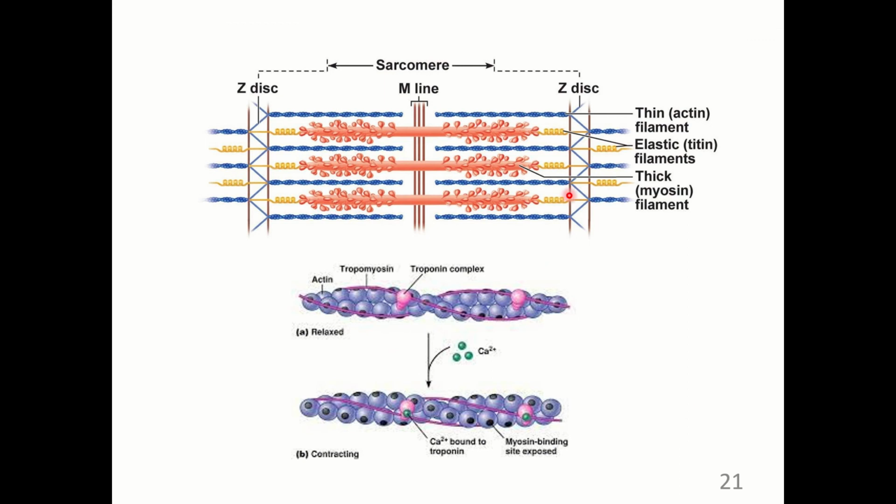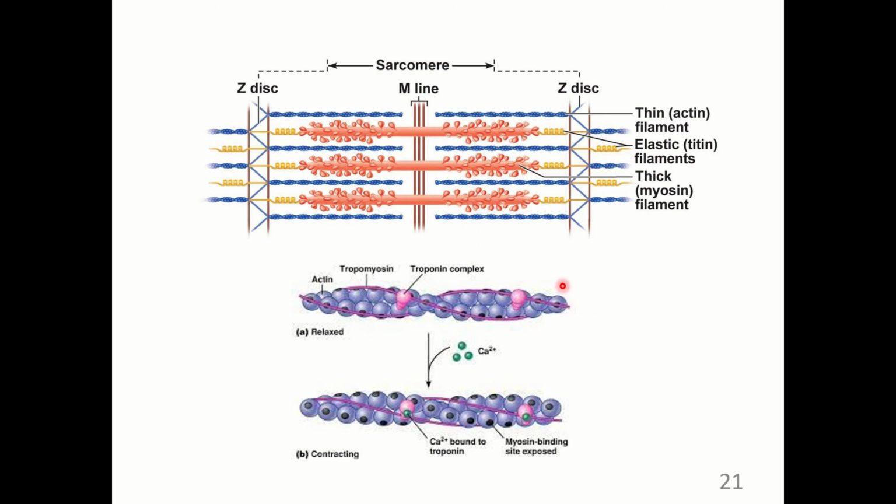Here's the sarcomere illustrated on its own. The Z discs form the border of the sarcomere. The Z discs anchor actin myofilaments. The M line forms the center of the sarcomere. The M line anchors myosin myofilaments.